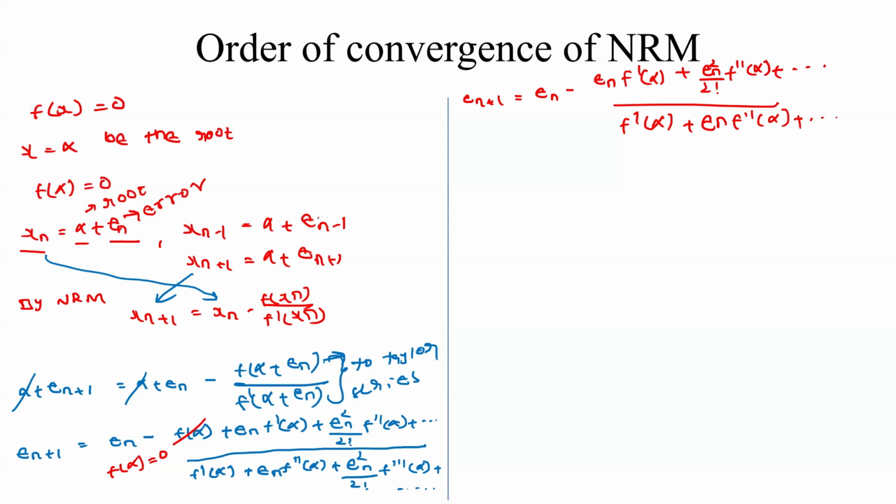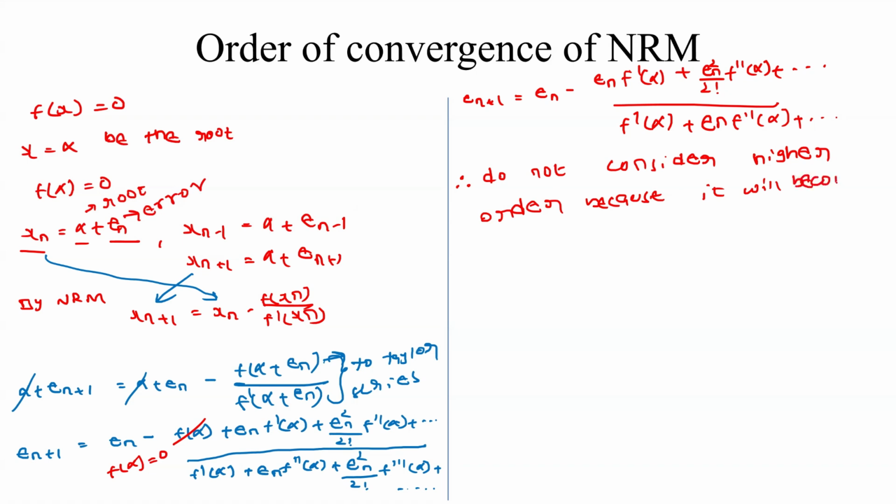We do not consider the higher order derivatives because they will become 0. So we need to consider up to the second order derivative.